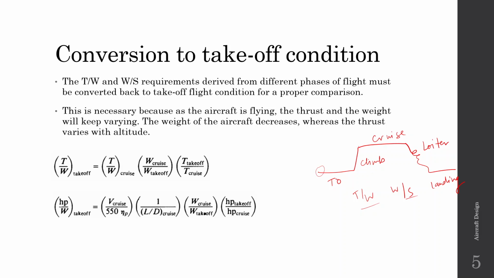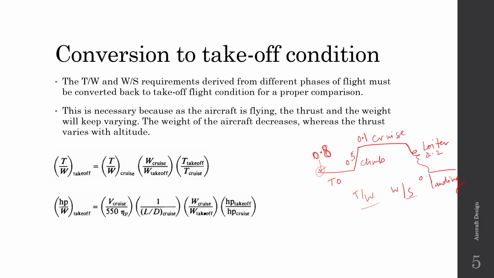Let us say for takeoff we require T by W of 0.8. For cruise we require 0.1. For climbing we require 0.5, for loitering we require 0.2, and landing also we require 0.1.